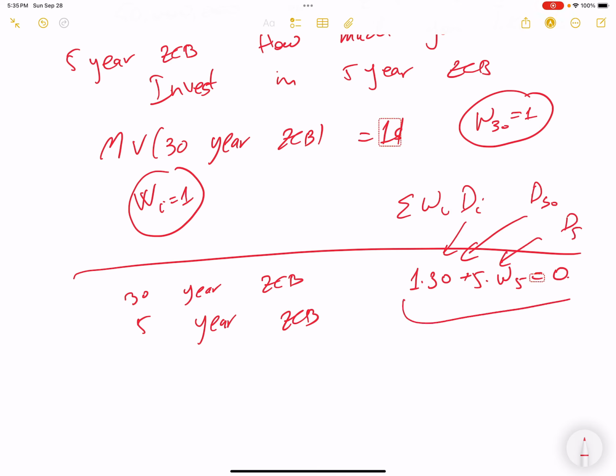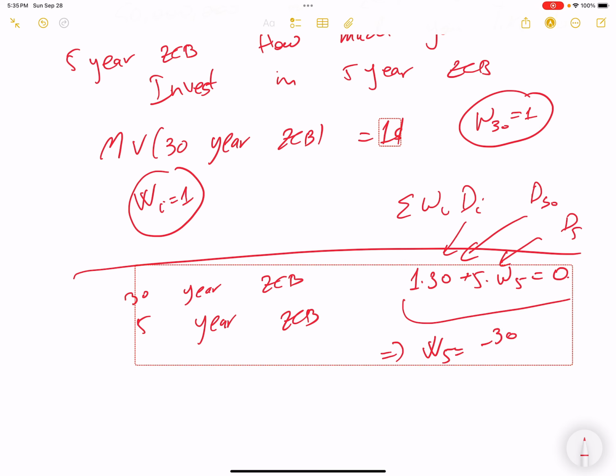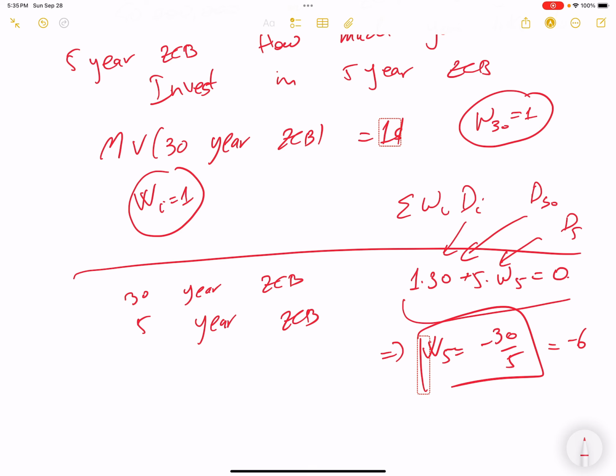Now you are going to solve for W5, and you're going to get that this is going to be minus 30 divided by 5, right? Which is minus 6. So the conclusion is that if you have $1 in a 30-year zero coupon bond, you want to invest minus $6, right, in a 5-year zero coupon bond to kill the duration.